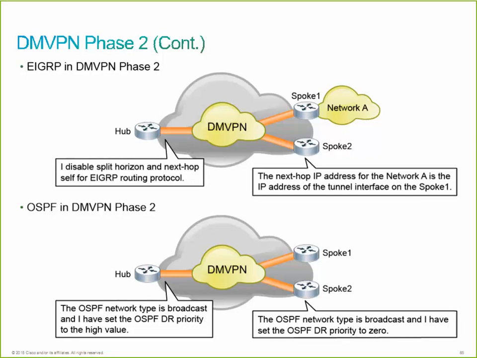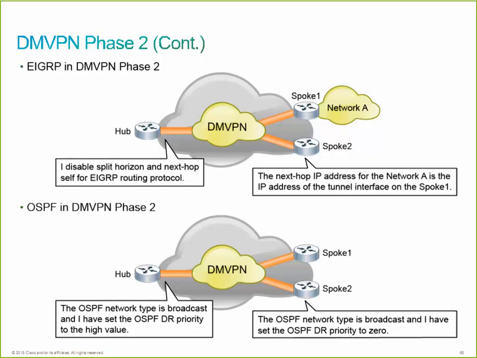All right? If I'm using DMVPN Phase 2 in a point-to-multipoint environment, where all the traffic has to flow through the hub, I have to be concerned about this broadcast network type, because we know in OSPF with a network type of broadcast, there's going to be a DR-BDR election. All right? The hub router needs to win that election every time.